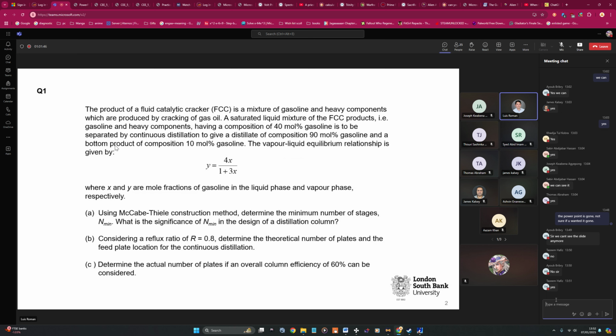So for question 1, all of these problems are very similar to the ones we have already done in class. So all of them follow the same approach.